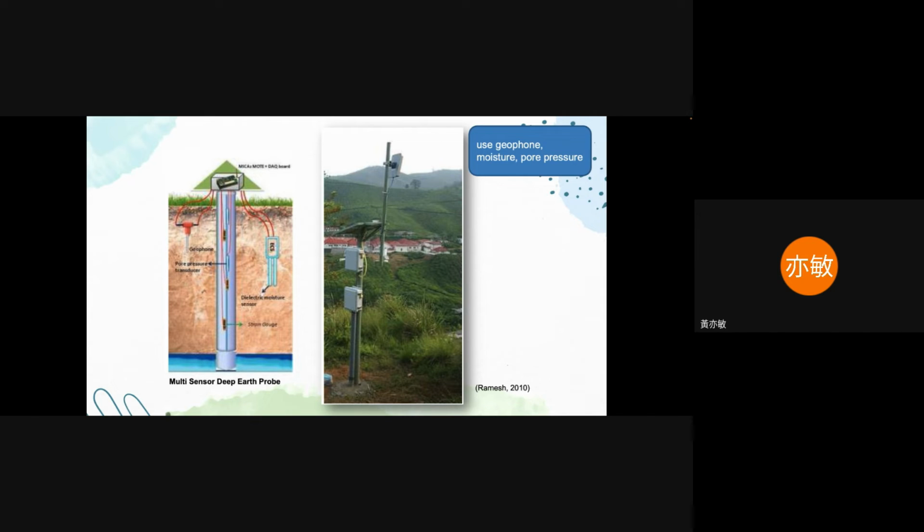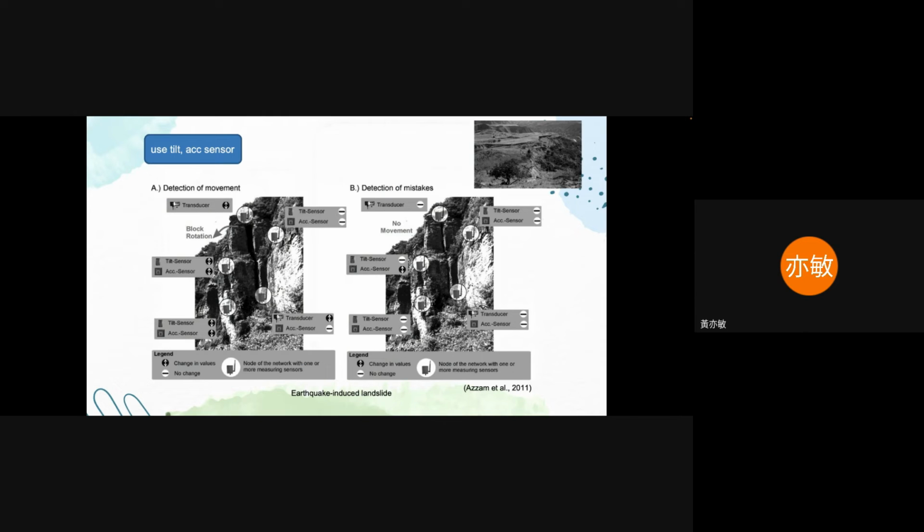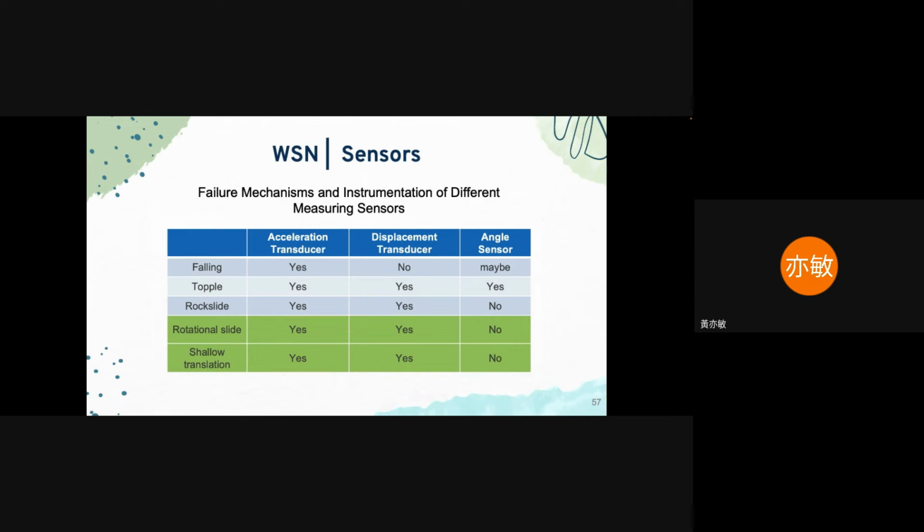You can set up a few sensor tubes at different locations to obtain the information of the site. And this is the example I just showed you in the previous slide. We tried to monitor the rock slope. So in summary, this table gives us the idea, when we're talking about landslide deformation monitoring, what kind of sensors you can use.